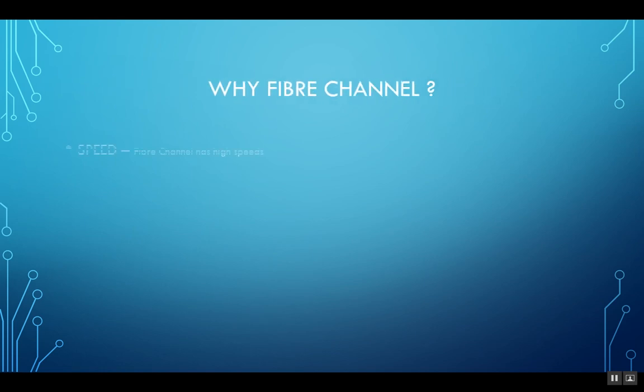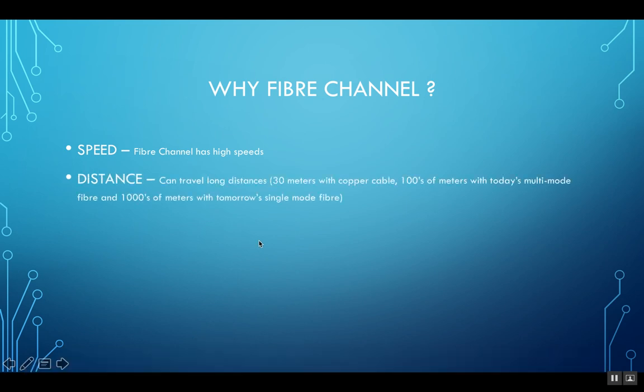Why Fibre Channel? Fibre Channel is nowadays in trend because of its speed and distance. It can travel long distances: 30 meters for a copper cable, hundreds of meters for today's multi-mode fiber, and thousands of meters for tomorrow's single-mode fiber.